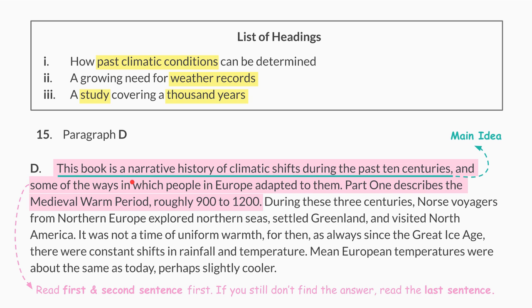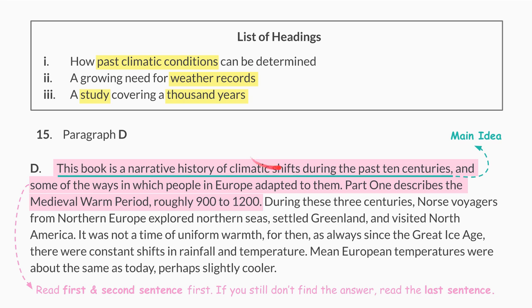This paragraph is going to talk about this portion over here. This is really the summary of our main idea. This is the gist. It's talking about how this book is a narrative history of climatic shifts during the past 10 centuries. That is the controlling idea. That is what this whole paragraph is going to talk about.